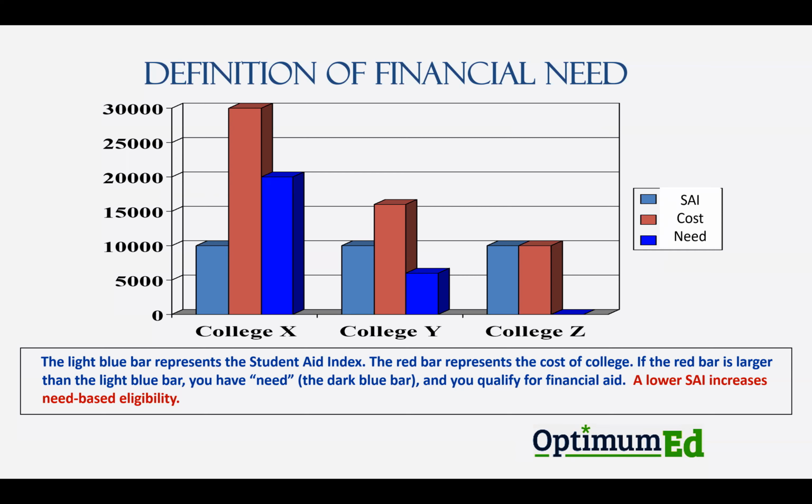So you can see that in the first instance, quite a bit of aid is established. Second one, not so much. The third, none. And I'll point out that what's changing is not what the family pays, but the amount of need-based eligibility that's established based on the cost of the school.